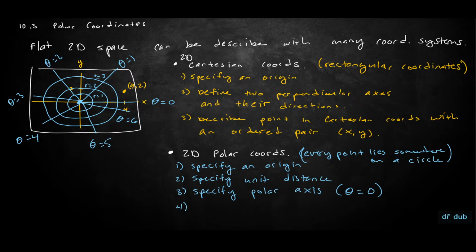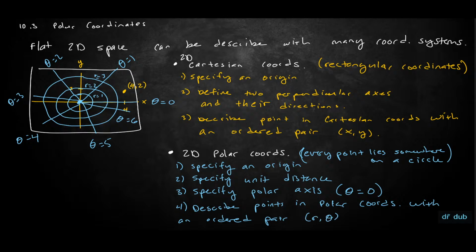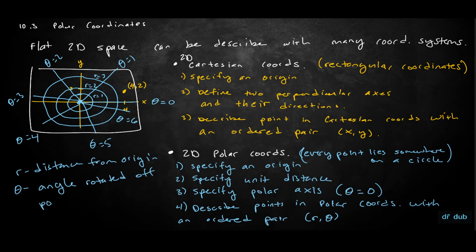We describe points in polar coordinates with an ordered pair, r, theta. r is the distance from the origin, and theta is the angle rotated off the polar axis, or the theta equals 0 axis.